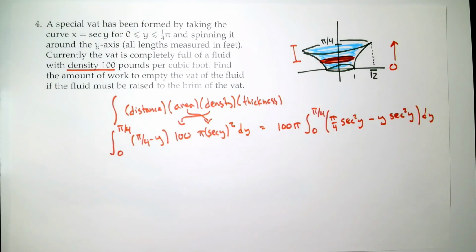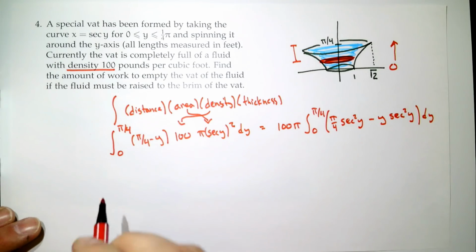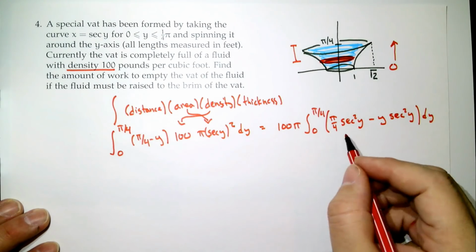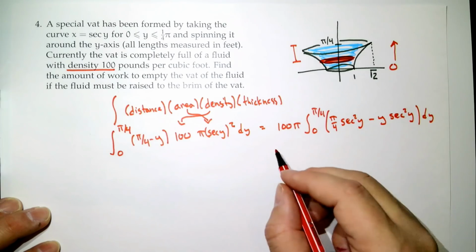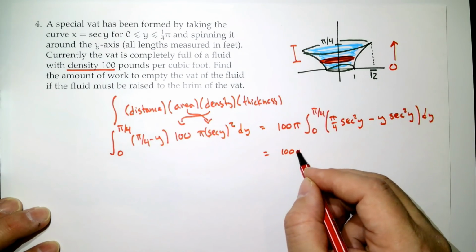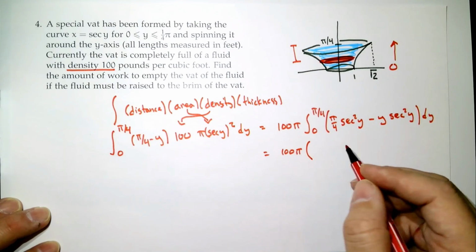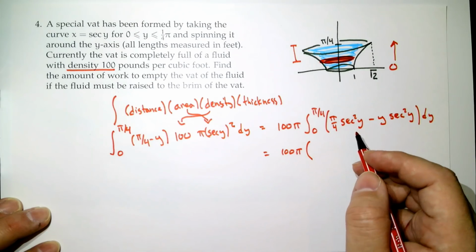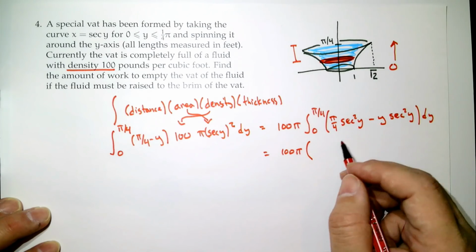We can if we do integration by parts. So we're going to split this up into two parts. Okay, so let's just do a quick little side note. So this really becomes 100 pi, and then I'm going to have, what is the integral of secant squared? Just tangent, yeah.